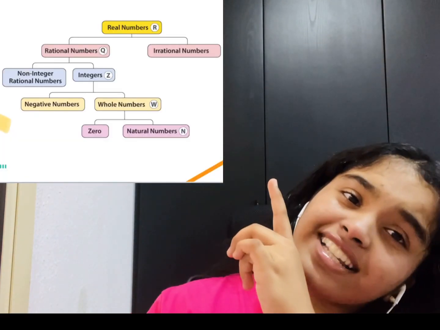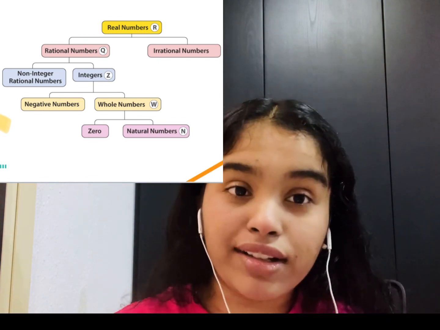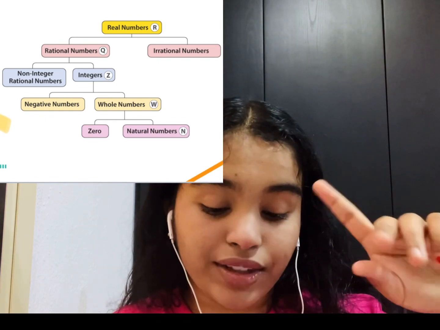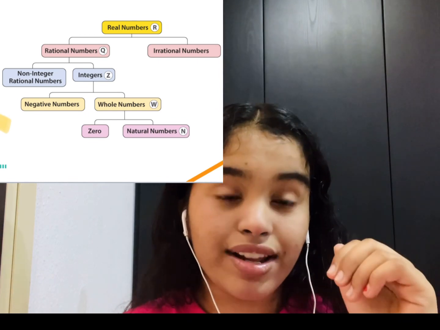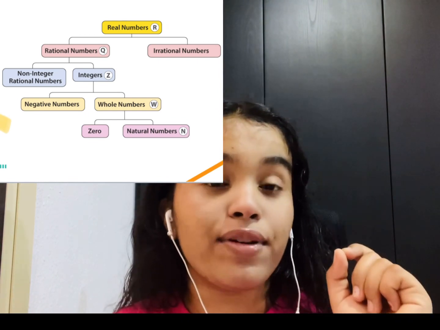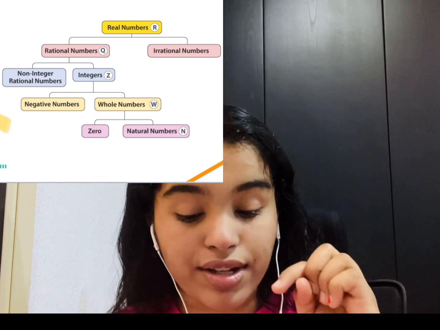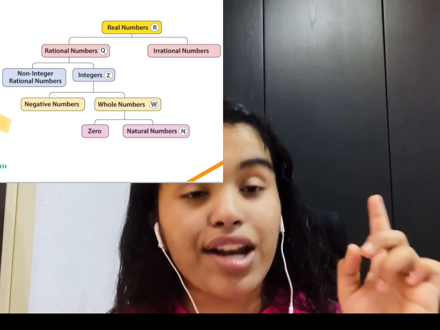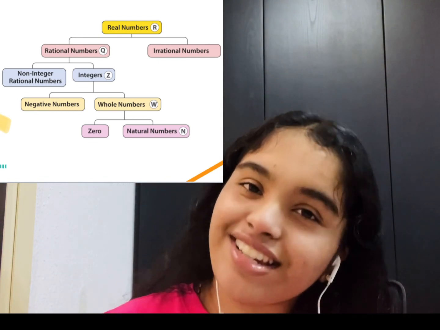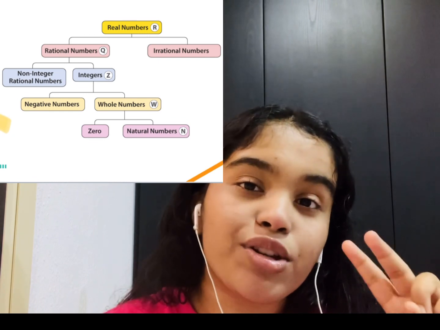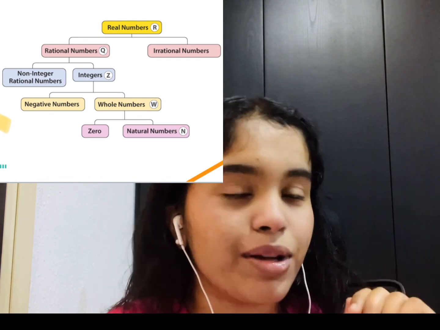Here you can see a flowchart of real numbers. We see that real numbers are divided into two, that is rational and irrational numbers. Rational numbers can be represented with the capital letter Q. Now there are two types of rational numbers, non-integer rational numbers and integers, which is also called capital Z. And again, integers are divided into two types, that is negative numbers and whole numbers.